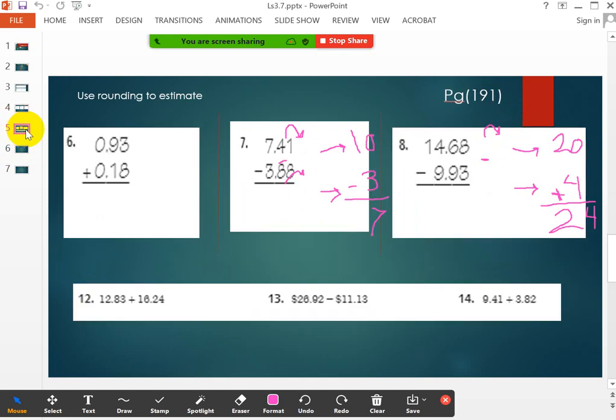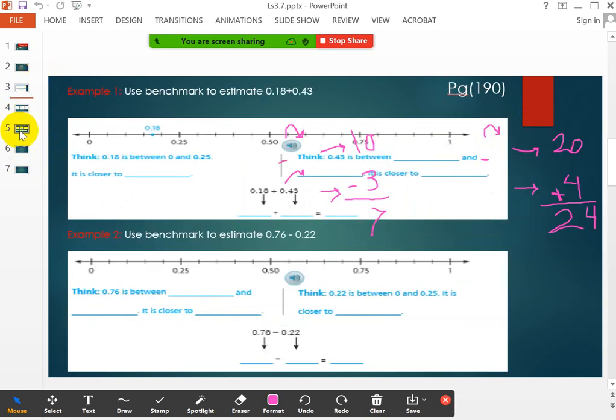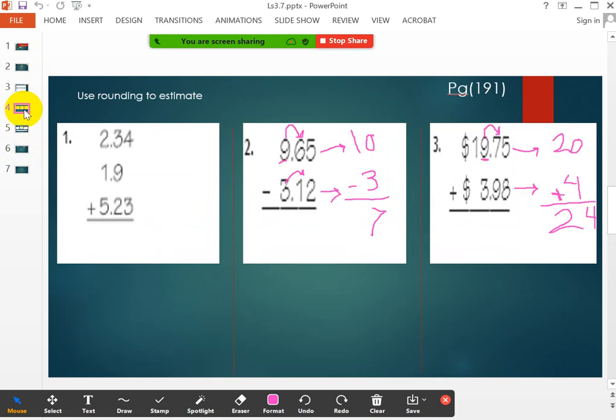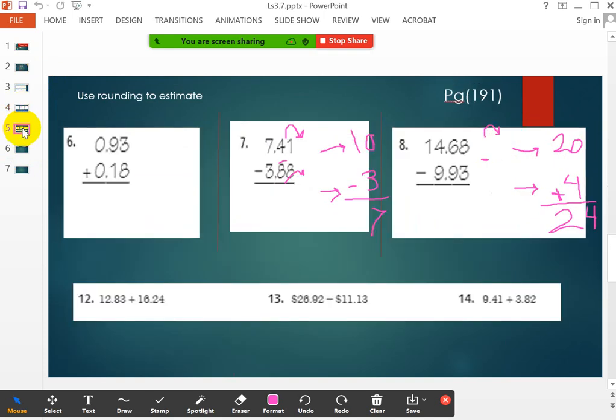Okay, now we will move to exercise number 6. I will solve number 6 first, because on number 4, he asked me to use benchmark to estimate.